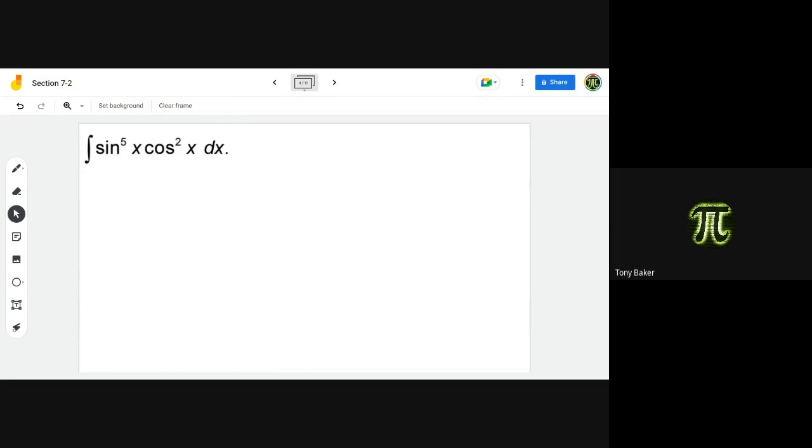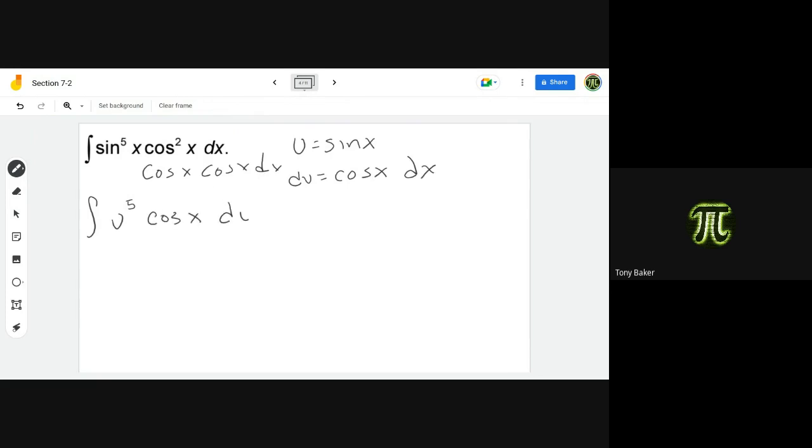If I make u sine, my du is cosine. So I would have u to the fifth. Now this cosine I'm going to have to split, because I only want one of them. So I'm still going to have a cosine x du.